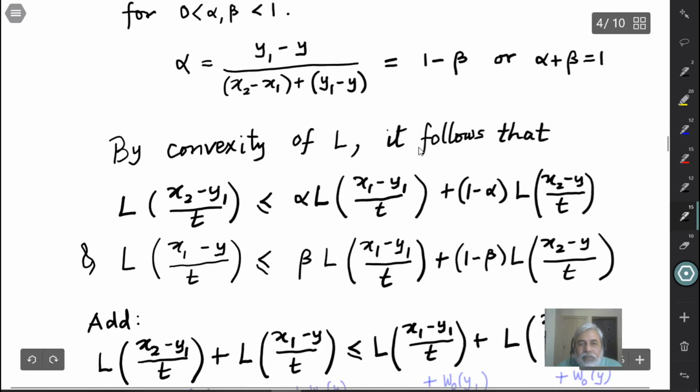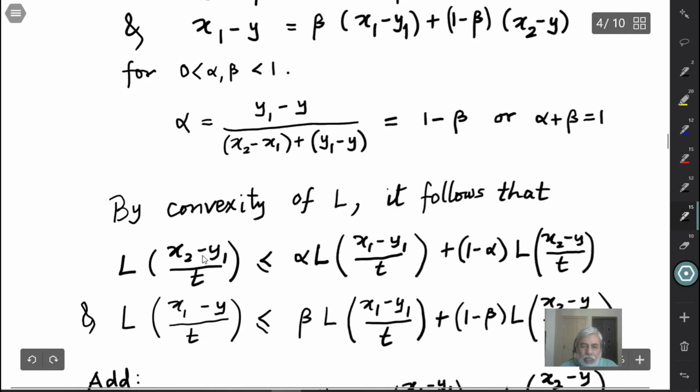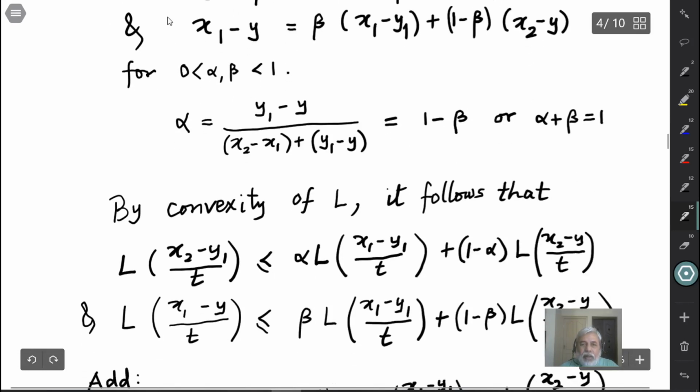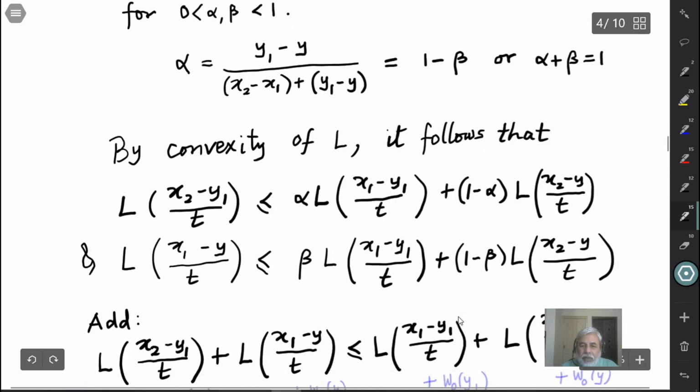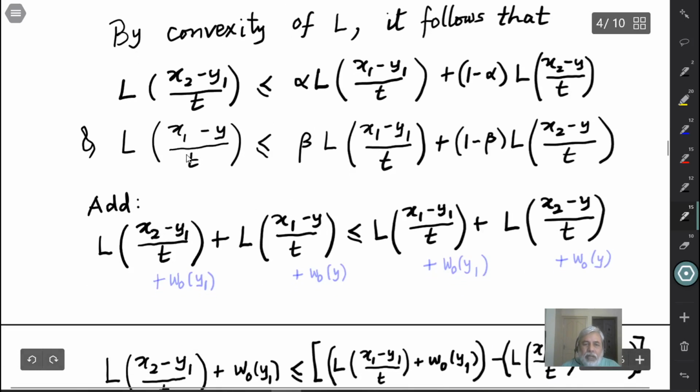So by convexity of L, you now divide throughout by T. Okay, so T comes everywhere. So L of (x2 minus y1) by T is less than or equal to alpha L of (x1 minus y1) by T plus (1 minus alpha) L of (x2 minus y) by T, and similarly the second one. Okay, so these inequalities follow from the convexity of L. And now you add these two inequalities.